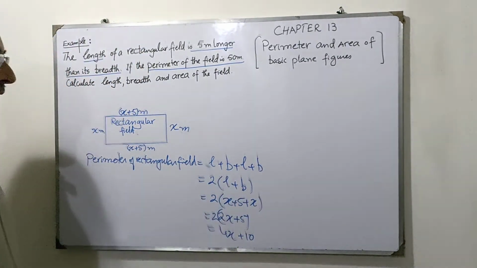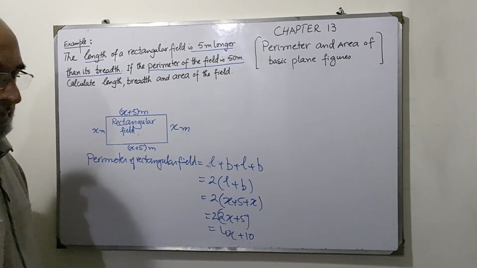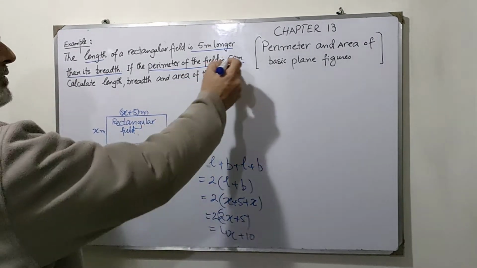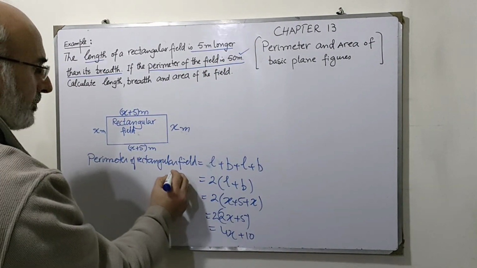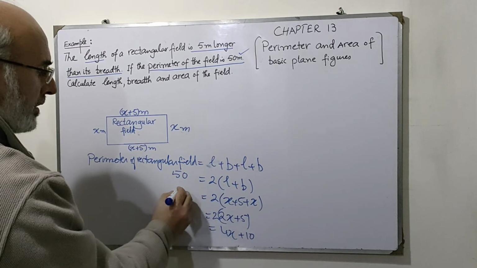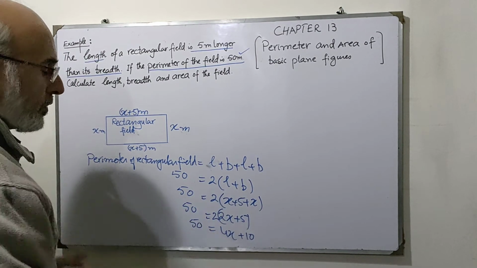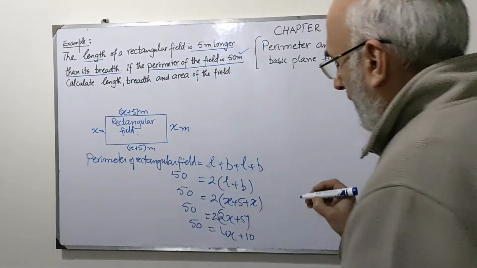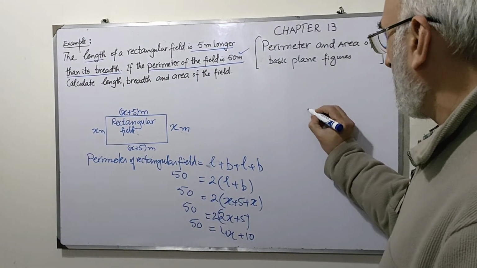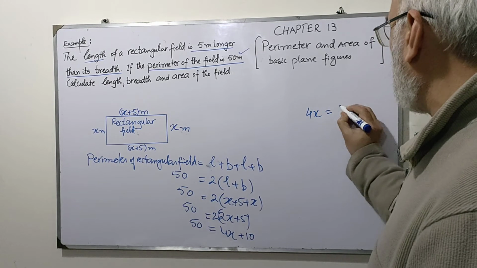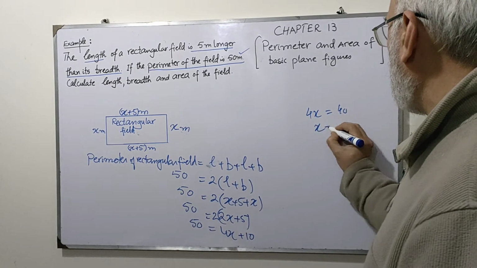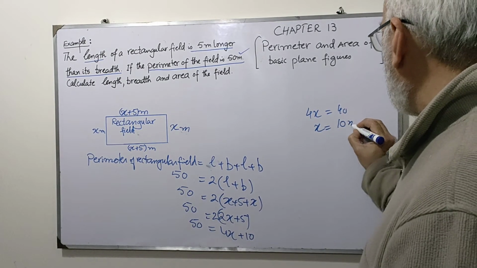Now this is the right hand side, but the left hand side is already given to us, which is 50. So 4x is equal to 40 and x is equal to 10 meters.